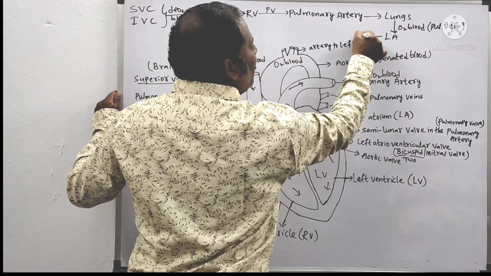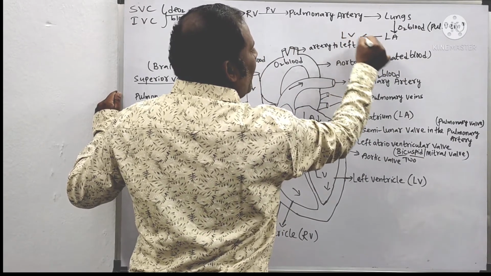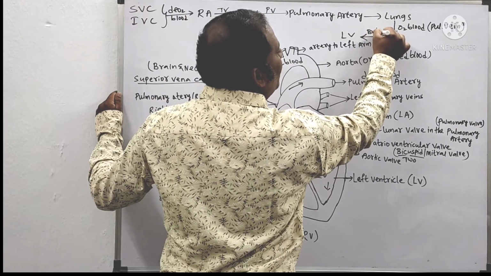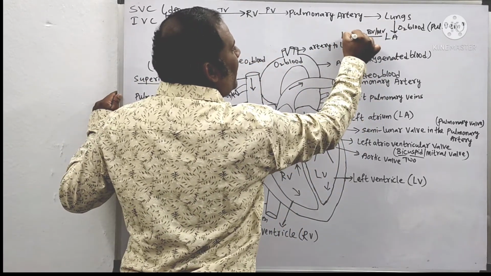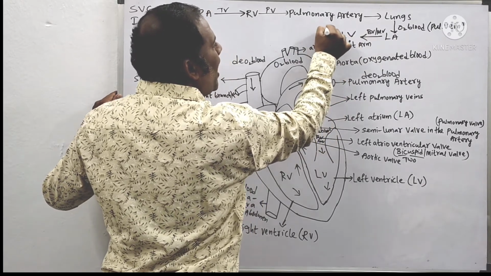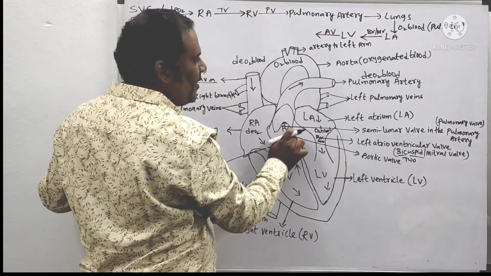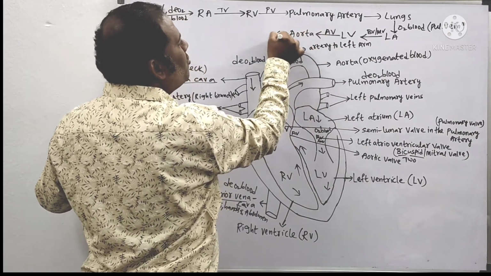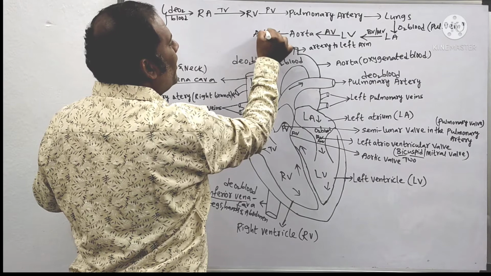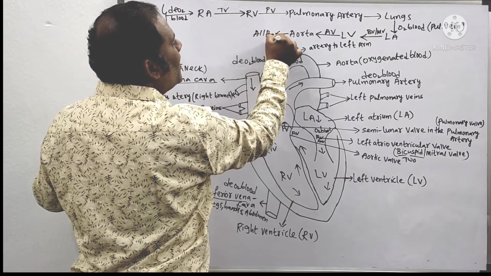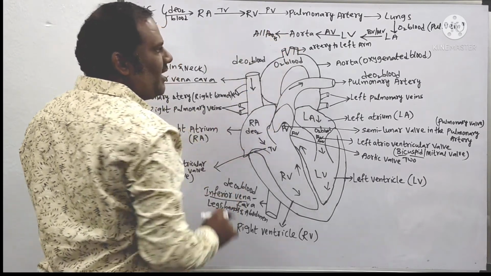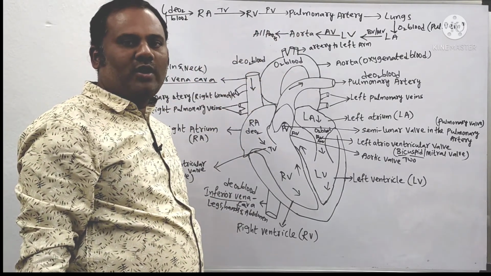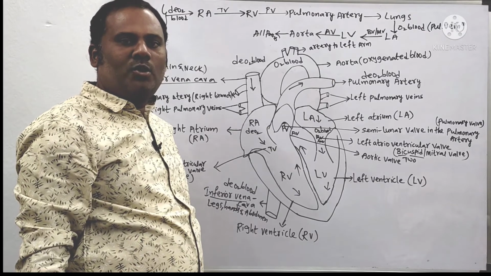From the left auricle it goes to the left ventricle through the bicuspid valve, also called the mitral valve. From the left ventricle that blood goes through the aortic valve, then into the aorta, and from the aorta to all the parts of the body. So in this way the blood is supplied to all the parts of the body. In a single sentence, this is the total process of circulation inside the human heart.